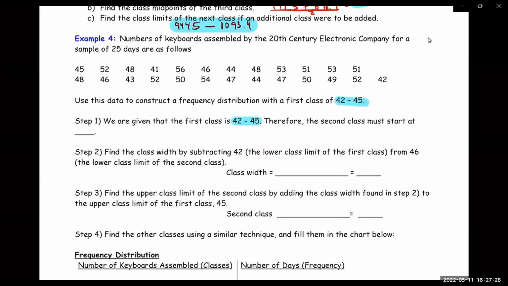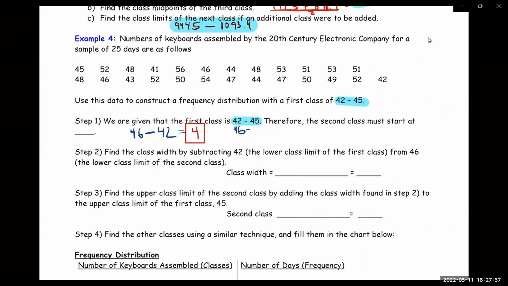So the next one would have to be 46 through something. So you just take the number that comes after 45, that would be 46, and then you find the class width by subtracting. So 46 take away 42 is equal to 4.